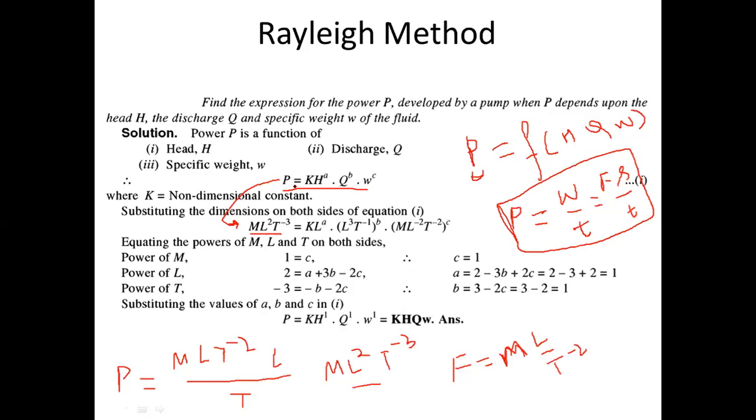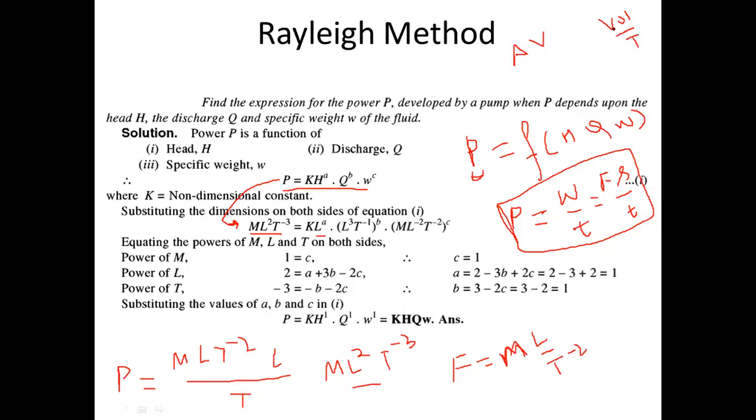The fundamental dimension of head is height, so it will be L. Discharge is area into velocity, or volume per time, both are the same.